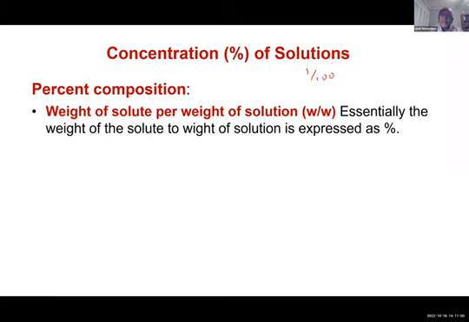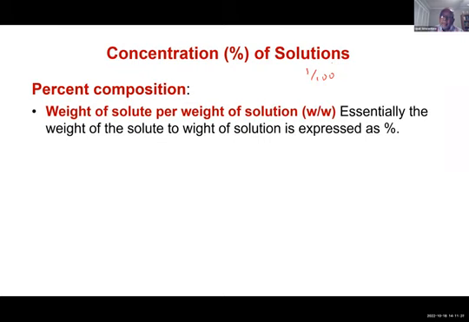Weight percent is one of the percentage concentrations we use, weight by weight. Sometimes we write mass by mass. I will go with w/w, which means on the top is the weight of the solute. We are only talking about two-component mixtures right now.